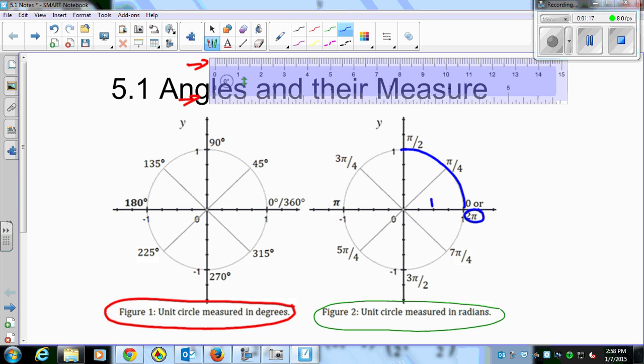So a fourth of the way around the circle, if the whole circle is 2 pi, divided by 4 is pi over 2, so you can see there's radian measures. We'll talk more about this and do some activities in class with radians, but just know that we're going to be dealing with two ways of measuring angles in this course.